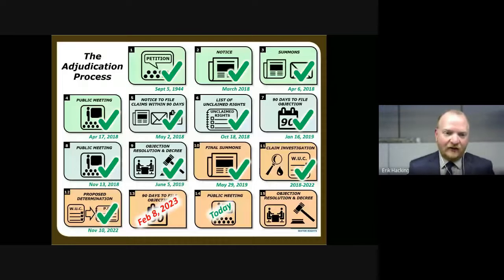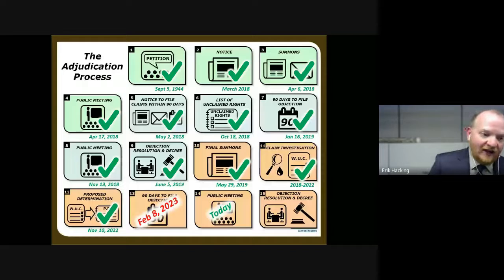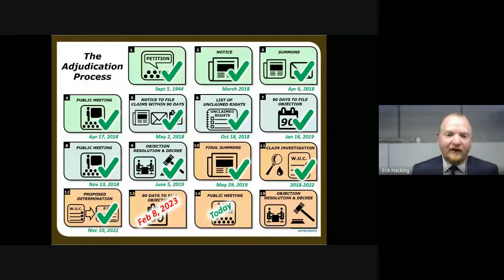On May 29th, 2019, we sent out a final summons, and from 2018 to 2022, up till pretty recently, we were investigating these claims. At the end of the investigation, we created what's known as a state engineer's recommendation, which is what we are recommending to the court for each of these rights that they be recognized for.